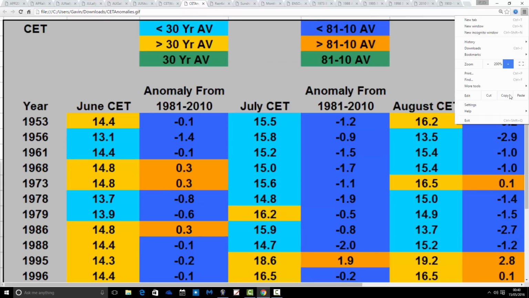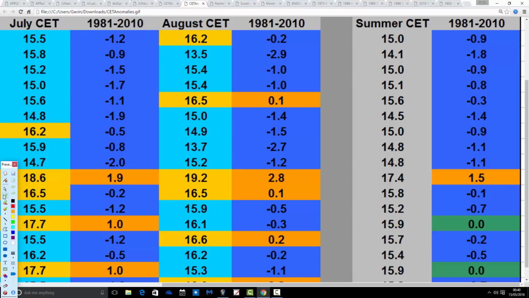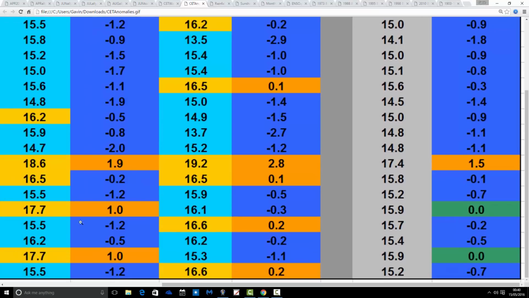Again, I'll just close in for you so that you can see them a little bit easier. There we go. Remember, we're starting in 1953 just here and ending in 2012 down here. And again, it's the same story as what we were just looking at, really, comparing it to the rolling 30-year average, because we've got 1, 2, 3, 4, 5, 6, 7, 8, 9, 10, 11, 12, 13, and if we go down a bit, 14 with 2012, out of the 17 that are coming out cooler than average summers.